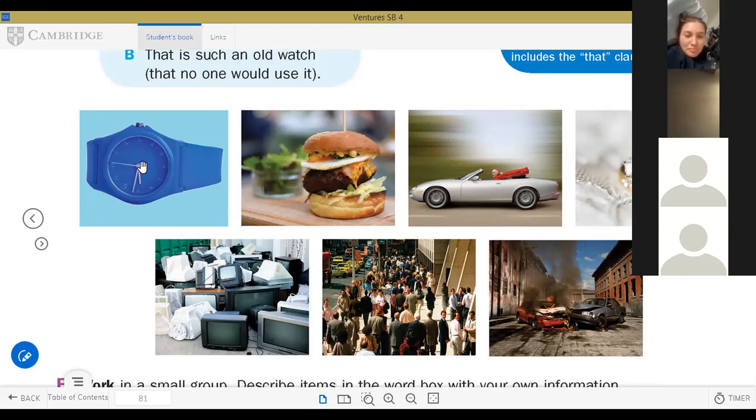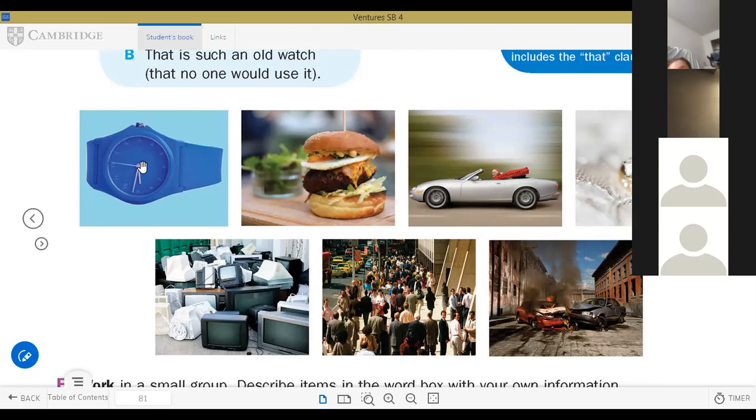How about that burger? What can we say about that burger? Ooh, that burger looks so delicious. Or what's the other way to say that? That burger looks so delicious, or it looks like such a delicious burger, right?